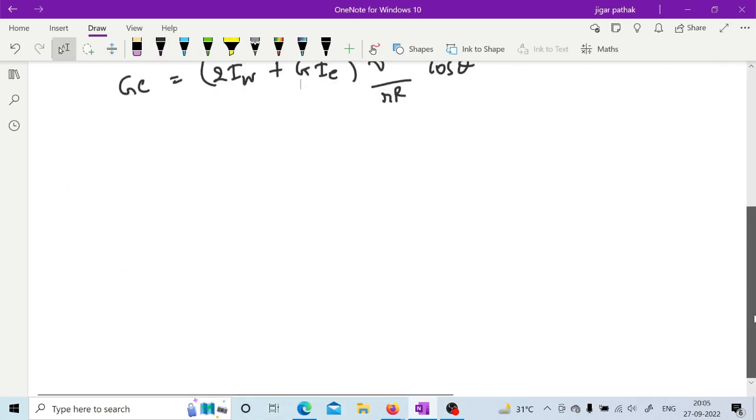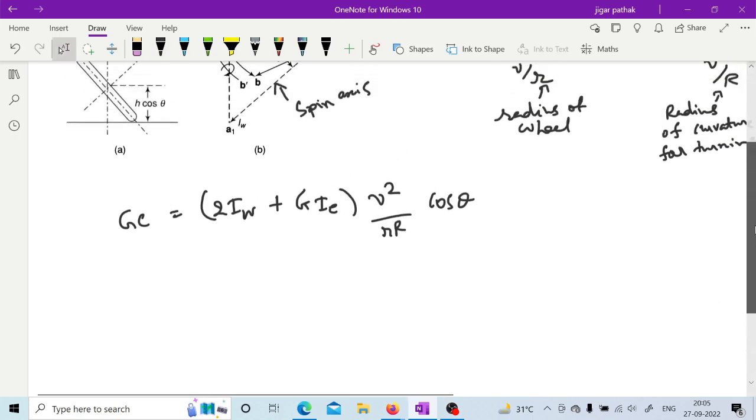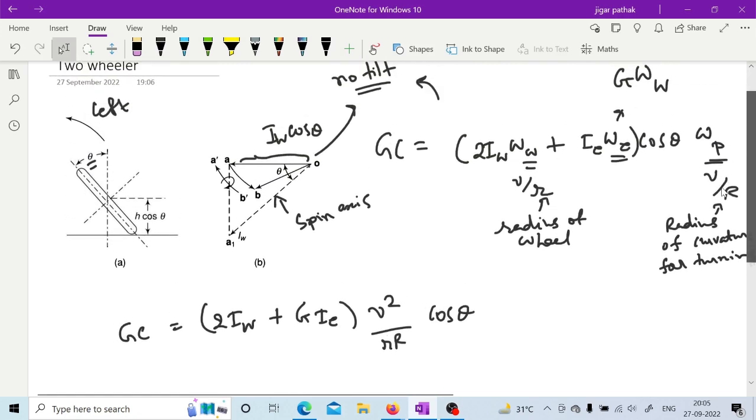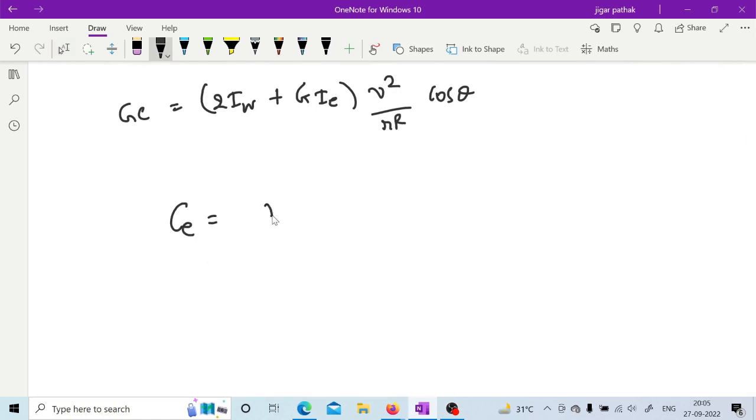In the case of this two-wheeler also, you are having that centrifugal couple. It is not shown in the figure, but in that case, for the centrifugal couple, it will be m v square upon r into cos theta.